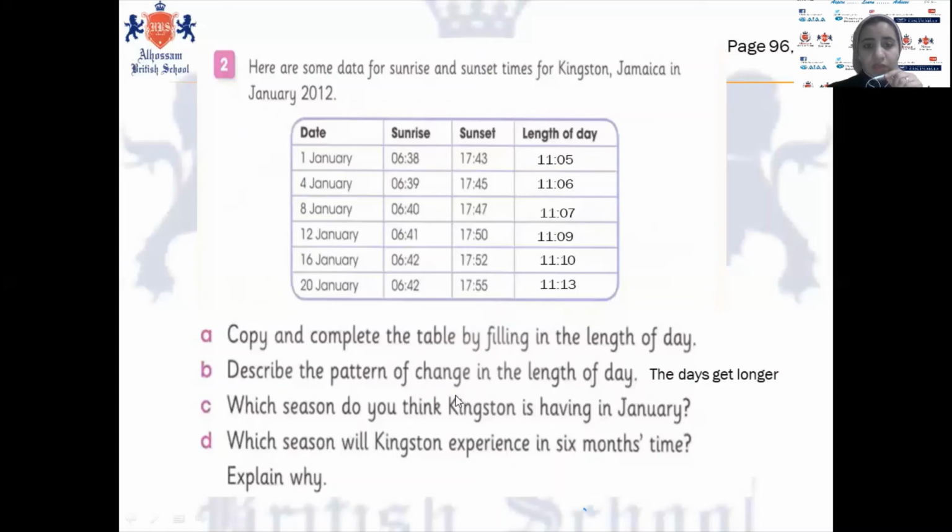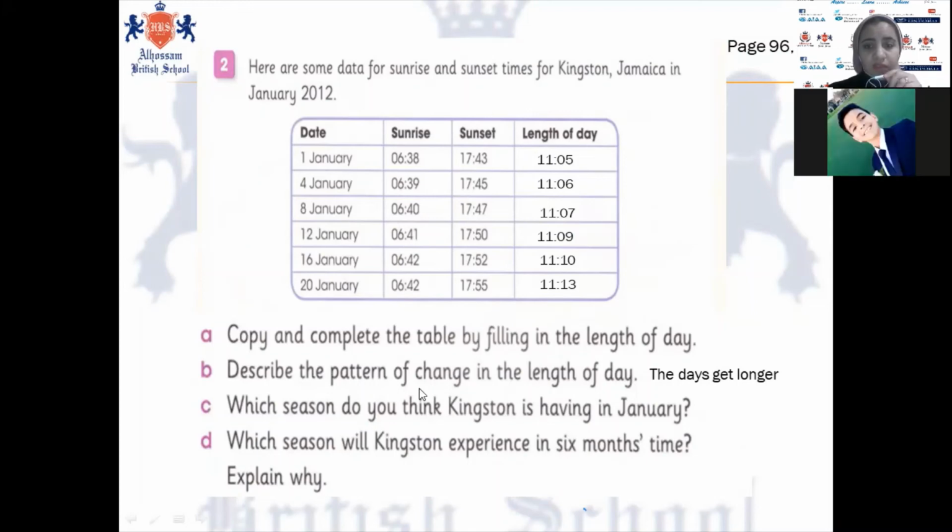Which season do you think Kingston is having in January?